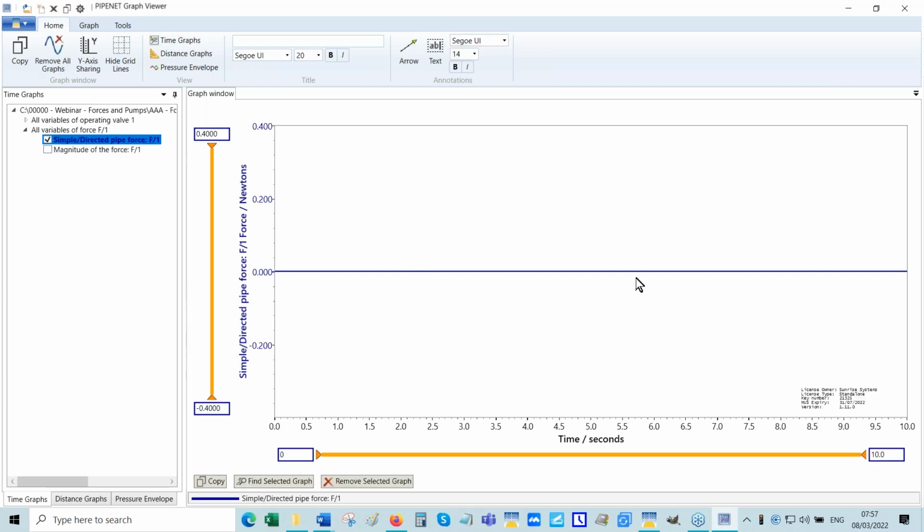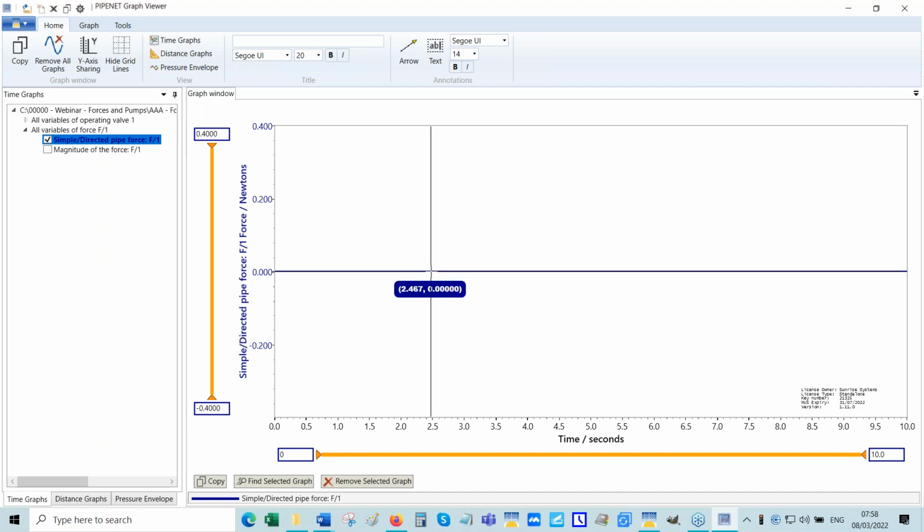See, it is identically 0. As you know, if you hover over any point in the graph, you'll get 2 values. The first value is the number at a time, and the second value is the number representing the actual y variable. In this case, it's a simple force.